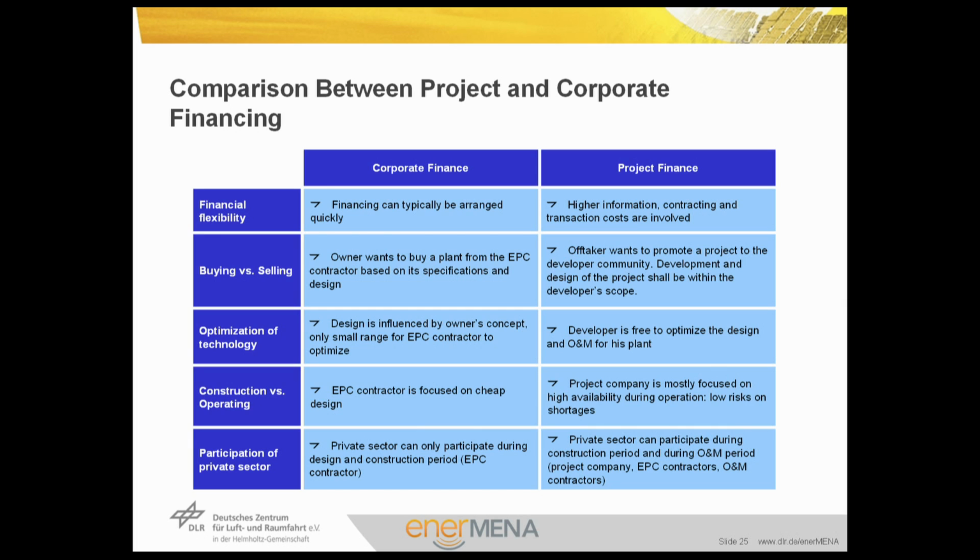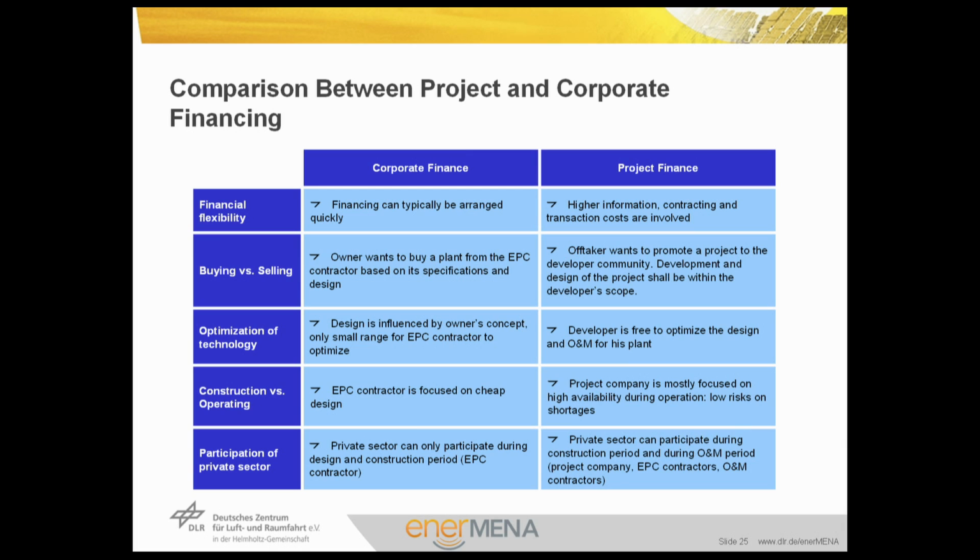Here, the EPC contractor optimizes neither the plant design nor the operation. In the project finance model, the developer or the bidder is free to optimize the design, and he finally will be the operator. And because of that, he is also allowed to optimize the operation and maintenance for his plant because he has a vital interest to increase the revenues of the project.